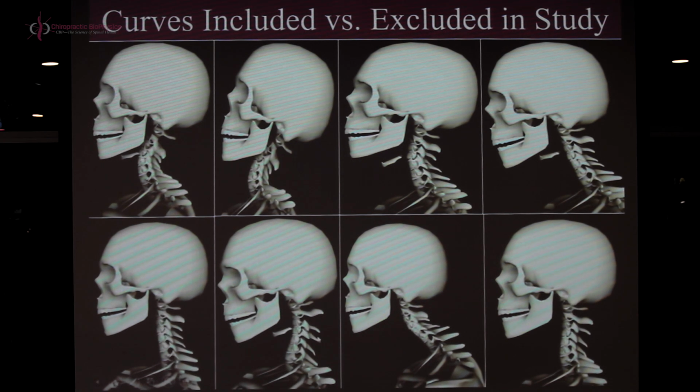That's a straight neck. A true reverse cervical curve is not included. Any type of S curve where the lower neck is flexed and the upper neck is extended is not included in our population. And then conversely, if my upper neck is flexed and my lower neck is extended, that's not included. The ones on the bottom, these are truly abnormal necks.